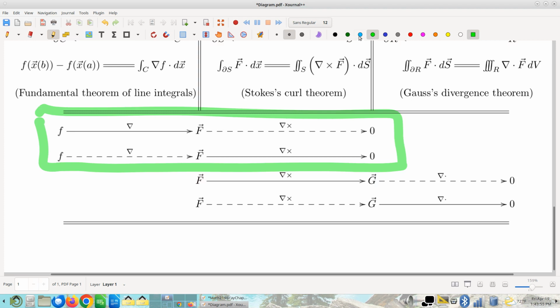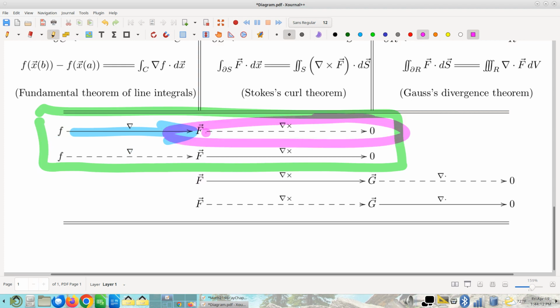So, for example, this says if you have a vector field that is the gradient of some function, then the conclusion is that the curl of that vector field is 0.